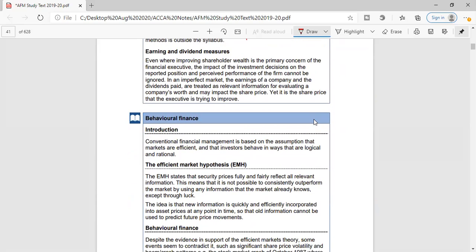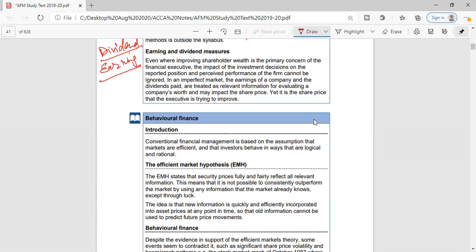Then comes the dilemma between earning and dividend measures. Because eventually the shareholders often look at dividend payment, but on the same time earning is important.